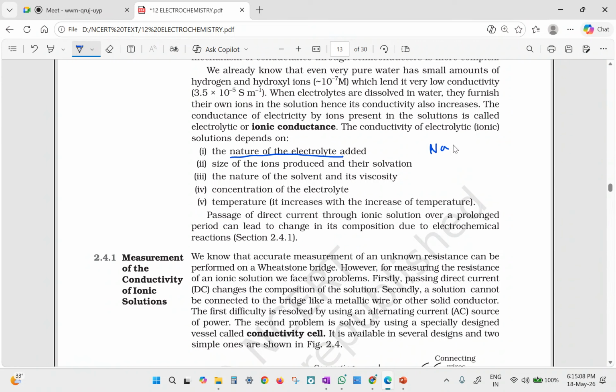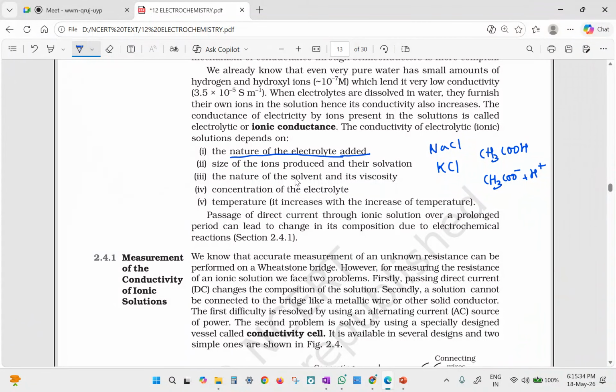For example, KCl is better dissociated than NaCl. NaCl is also almost 100% dissociated, but KCl will be better. CH3COOH ionizes, but we know that it partially ionizes. Correct, children? So it depends upon the nature of the electrolyte.